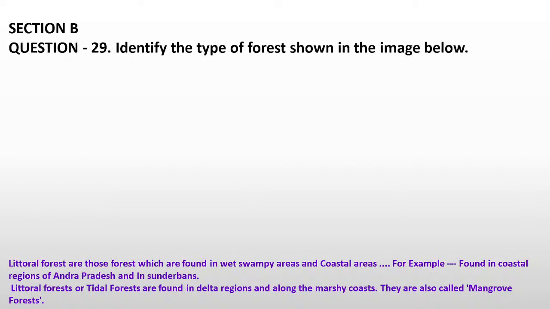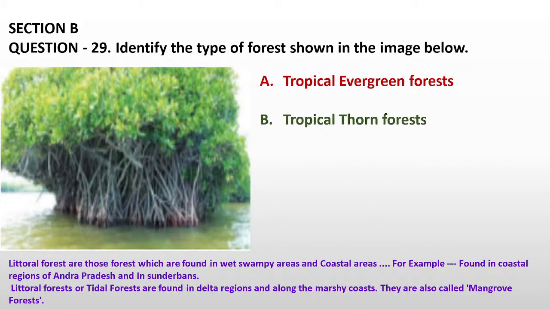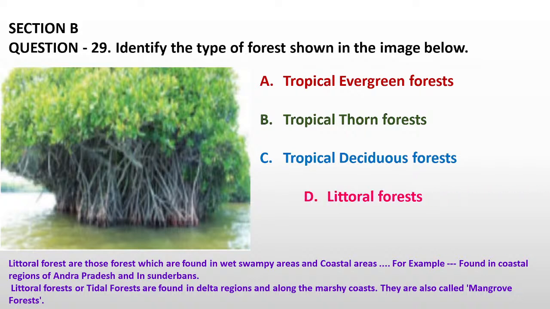Now, section B, question number 29. Identify the type of the forest shown in the image. And your options are A. Tropical evergreen forests, B. Tropical thorn forests, C. Tropical deciduous forests, D. Littoral forests.